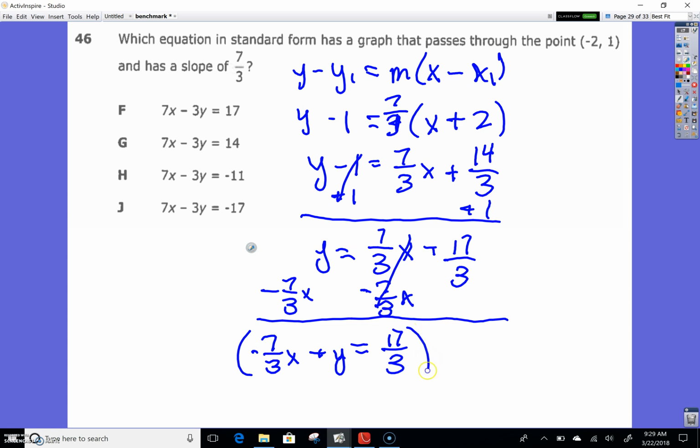I multiply everything by negative 3, so I get 7x minus 3y equals negative 17, which should be our answer.